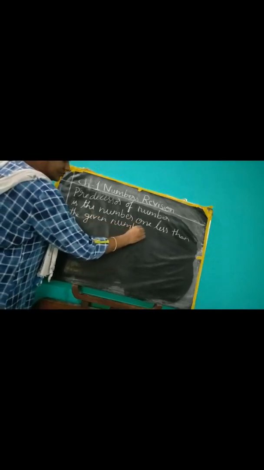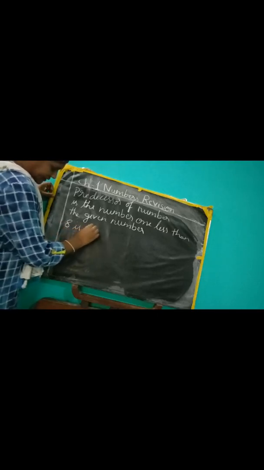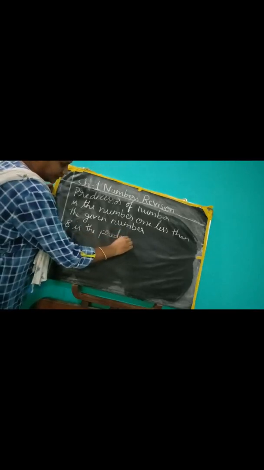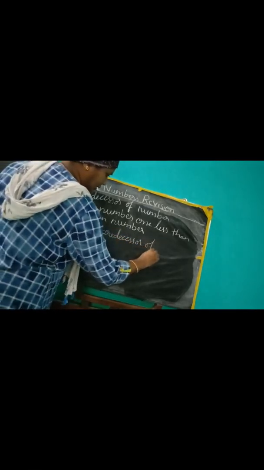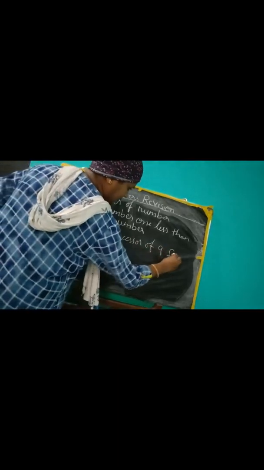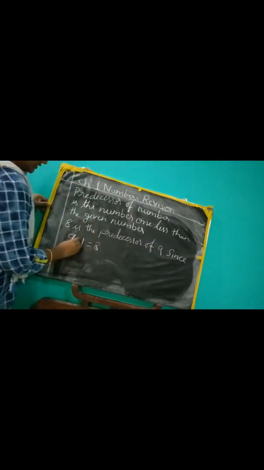See, predecessor means what? The predecessor of a number is the number 1 less than the given number. If they give 9, 8 is the predecessor of 9, since 9 minus 1 equals 8. Understood?